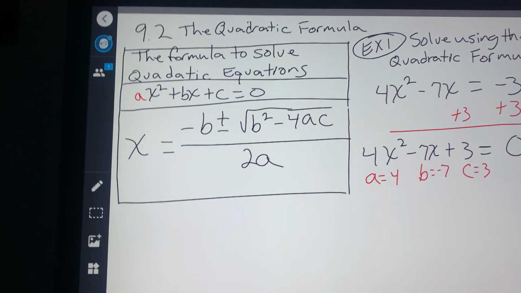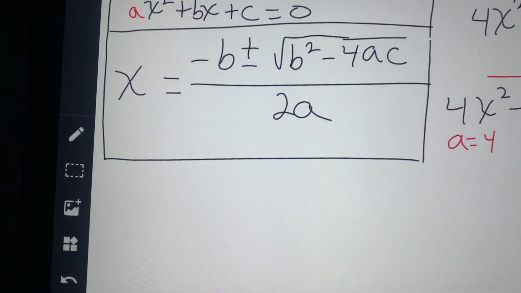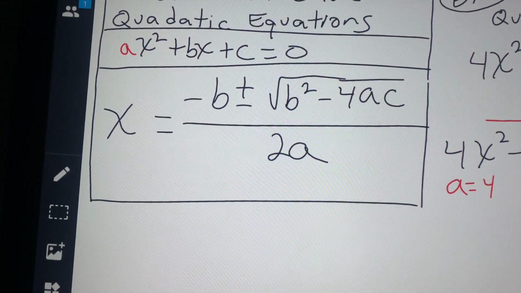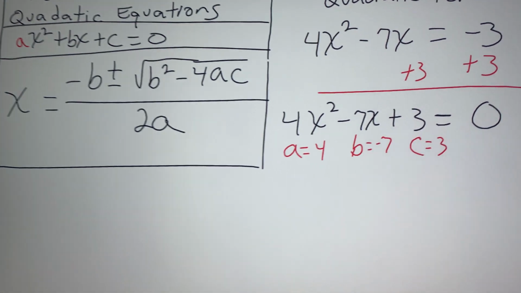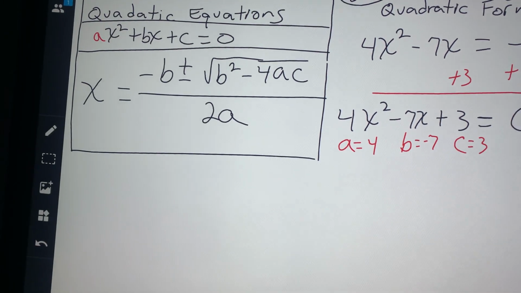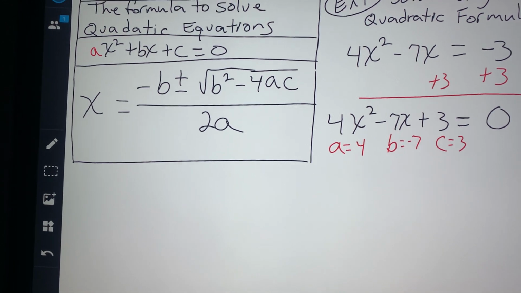As long as it's written in that form, we can use this formula, which is the quadratic formula here, to solve for our roots. Negative b plus or minus the square root of b squared minus 4ac all over 2a.